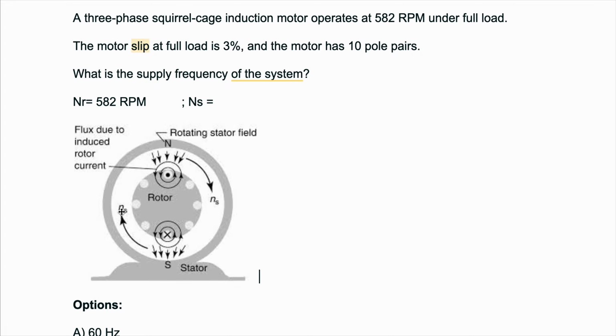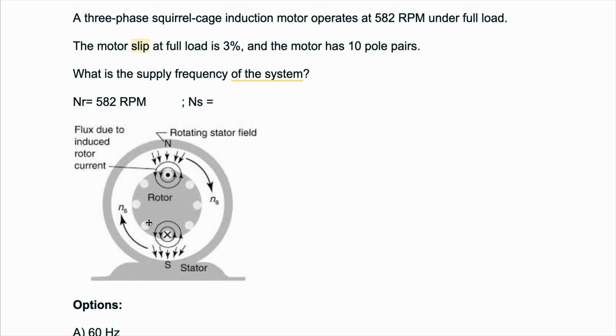So we have the turning Ns. Look here: Ns is the turning of the field, and the rotor starts to follow this speed, but it's mechanically turning on the shaft.